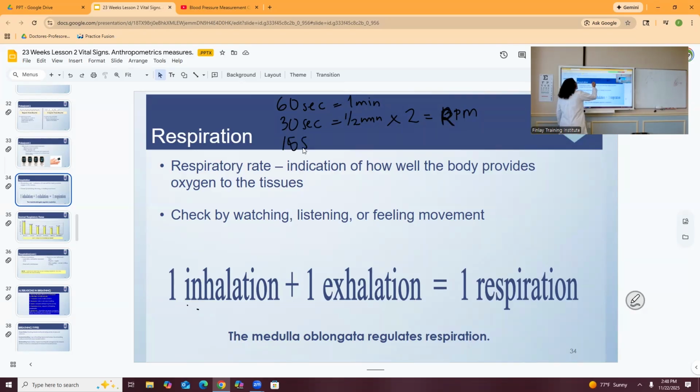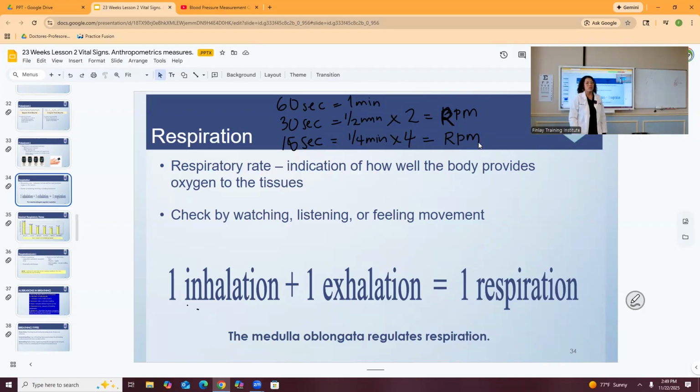Or we can use 15 seconds. We're going to count how many times we see the patient breathing. This is a quarter of a minute, so that means we're going to multiply it by 4. And this is going to be respirations per minute, okay? We are not going to ask the patient to breathe because we don't want to make them aware, but we're going to count 1 inhalation and 1 exhalation to say that there's 1 respiration.